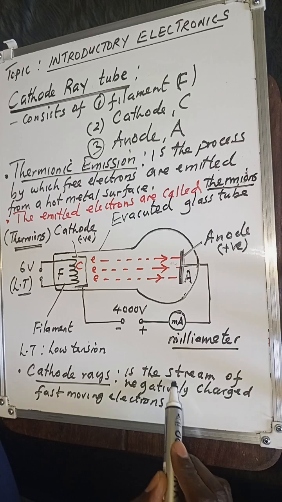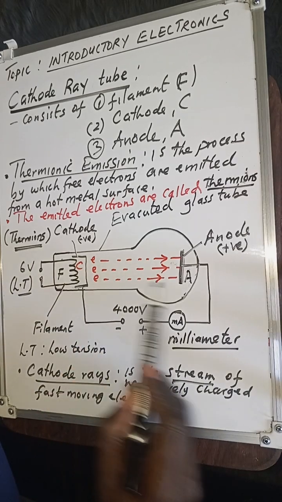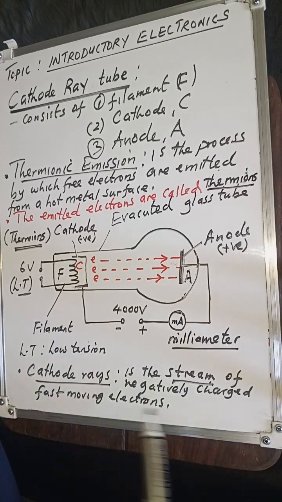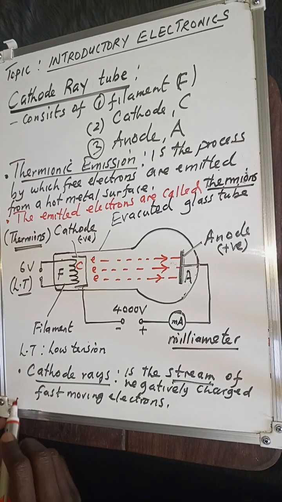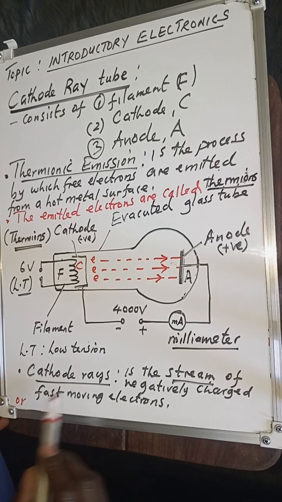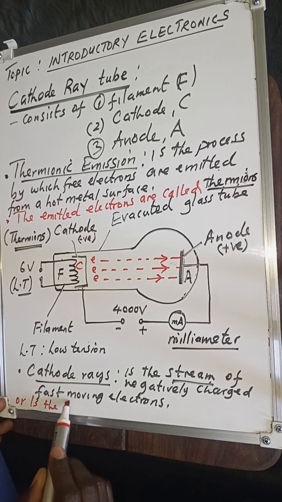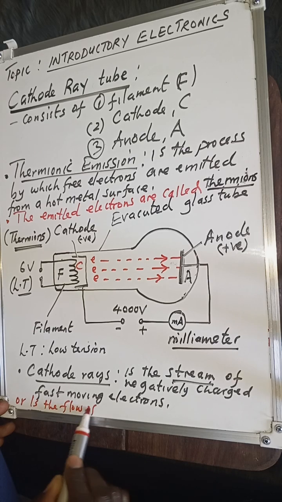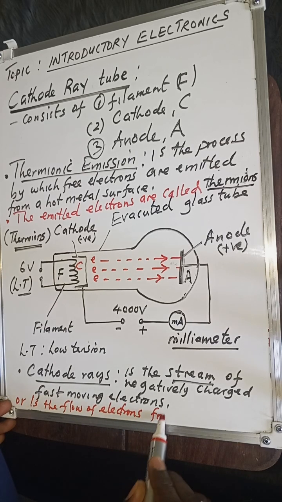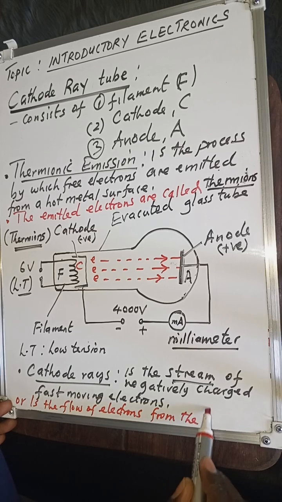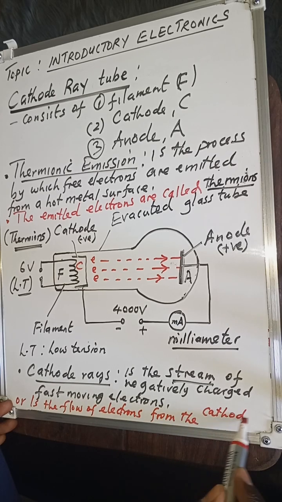So it is a stream. As you can see there, those are streams of fast moving electrons. That is what we simply call cathode rays. Or I can define cathode rays as the flow of electrons from the cathode to the anode.